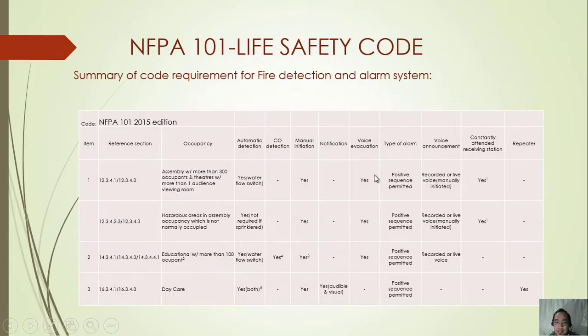Because we're expecting to have more occupants in assembly, and at the same time, I mean, the crowd will be more. So giving them the right information during fire will make us an advantage in terms of evacuation and safer.